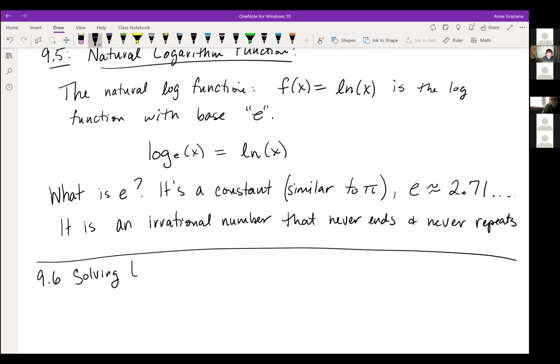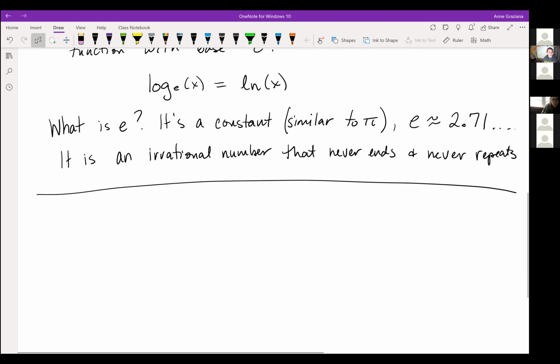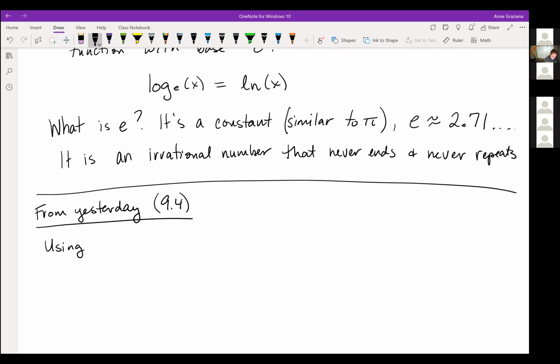Oh, you know what? Before I do solving log equations, I need to do another example from yesterday. This is technically 9.4. I want to do another one of these because we were rushed at the end, using the approximate values.